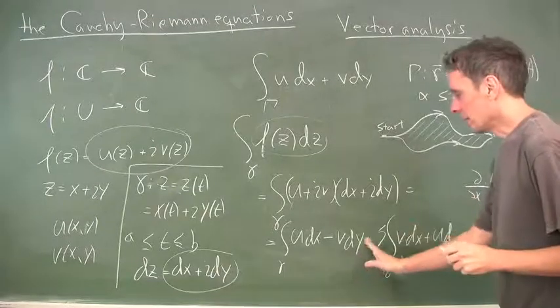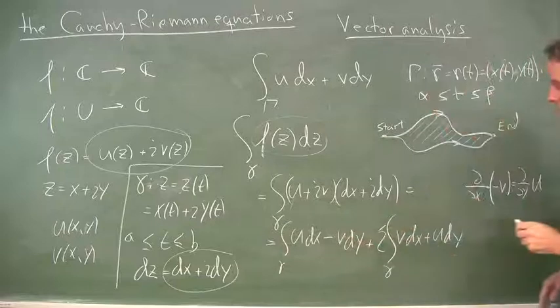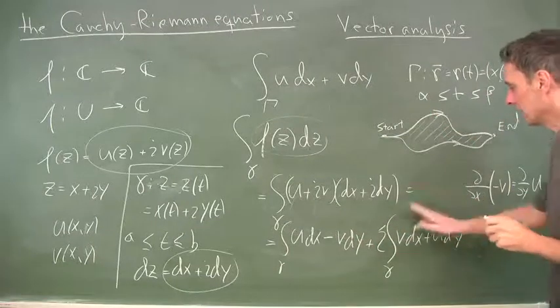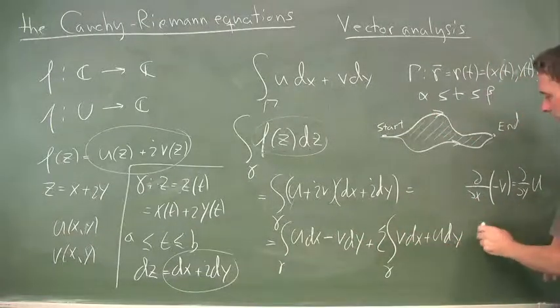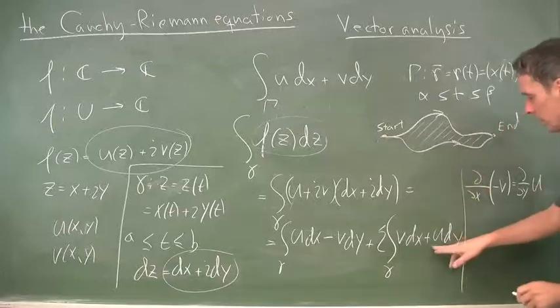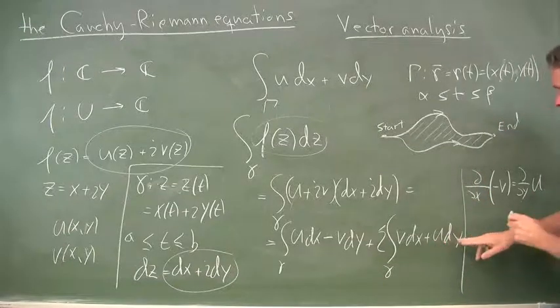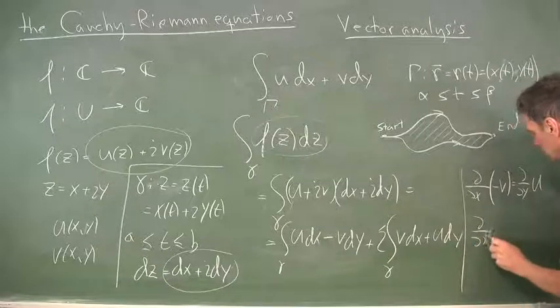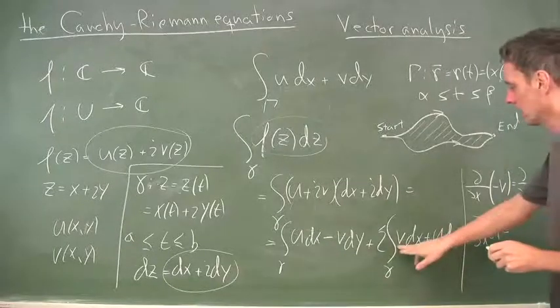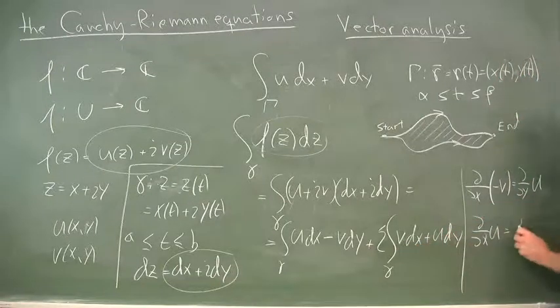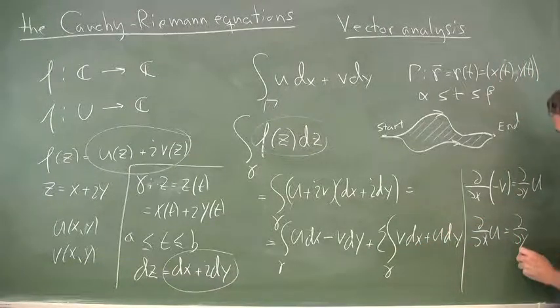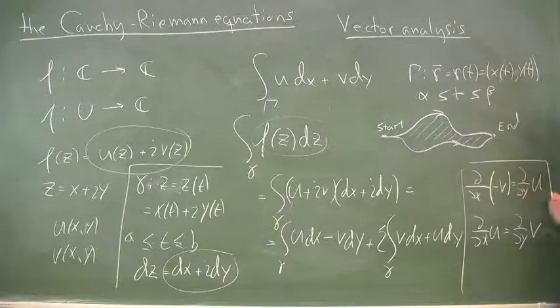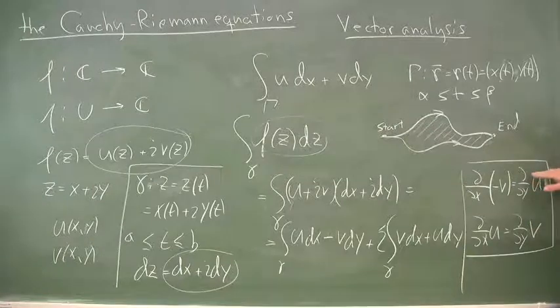And so this guarantees that this part is path independent then. And then we have the imaginary part, and the same reasoning here now says that this will be path independent if the x derivative of u is equal to the y derivative of v. So what I've arrived at here is now exactly the Cauchy-Riemann equations.